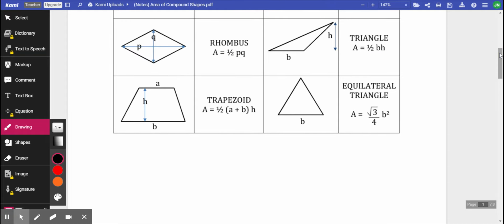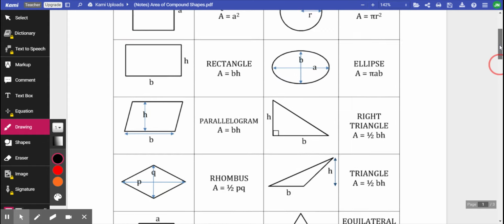The trapezoid is kind of the same as the triangle, 1/2 base times height, but the difference is that there are two bases, a base on top and on the bottom, the two lines that are parallel to each other. So it's 1/2 the sum of the bases times the height. And the area of an equilateral triangle is equal to the square root of 3 over 4 times b squared.